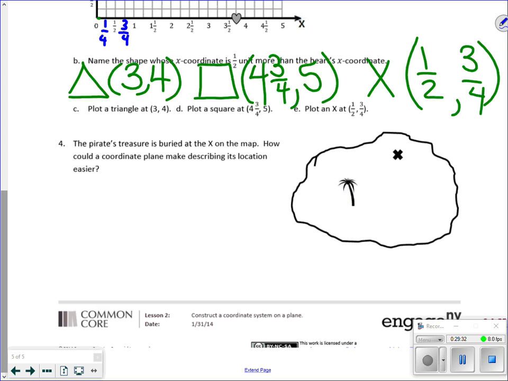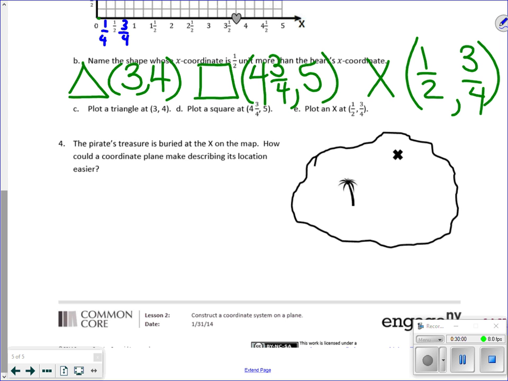The pirate's treasure is buried at the X on the map. How could a coordinate plane make describing its location easier?